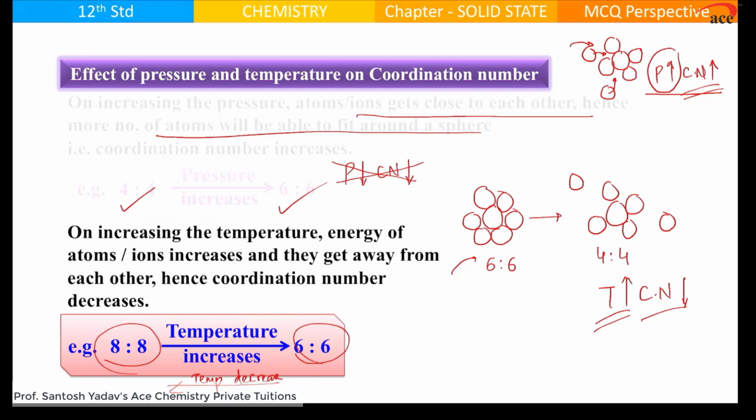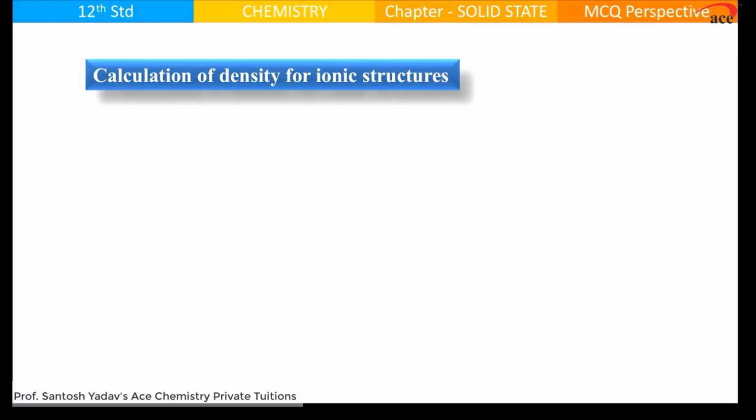The answer is yes, because heating and cooling is possible for solids. But for pressure, the effect is only one way. If temperature increases, coordination number decreases. If temperature decreases, coordination number can increase. So that was the effect of pressure and temperature on coordination number.